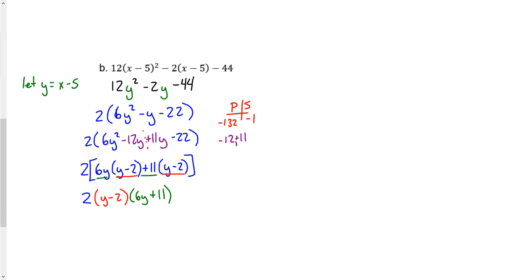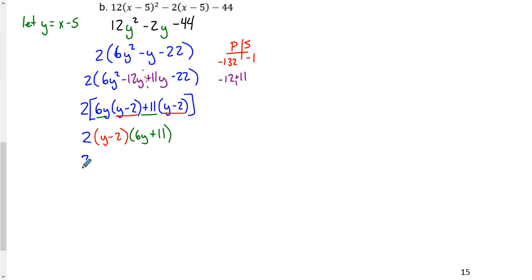No, we're not done, because y isn't y, it is x minus 5. So x minus 5, subtract that 2. This one is going to look a little bit messy, but it's all still going to work.